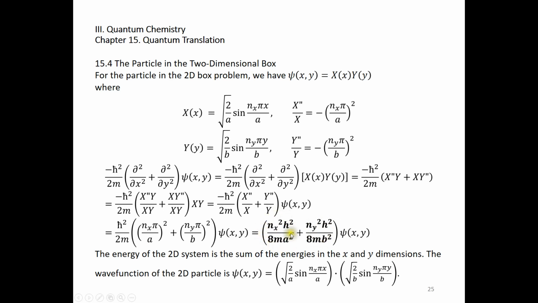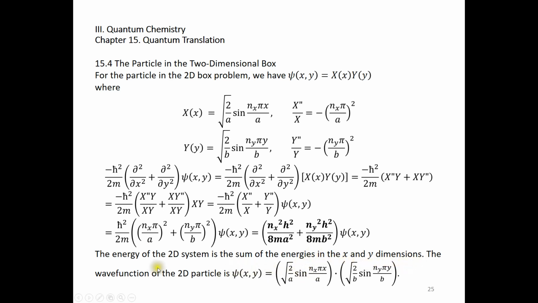So really, this is the kinetic energy of the particle in one dimension. This is also the kinetic energy of a particle in one dimension, but it's just in the y dimension with a box length of b. The energy of this two-dimensional particle is the sum of its energies in the x and y directions.